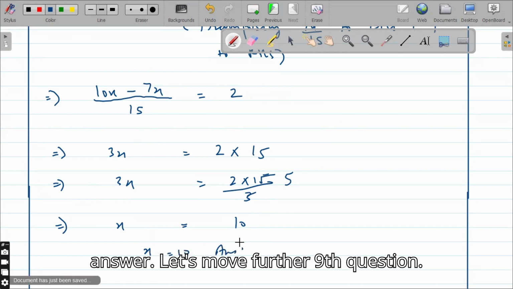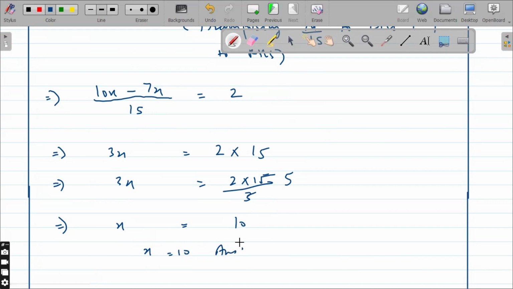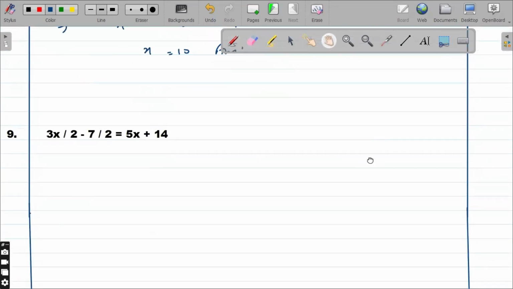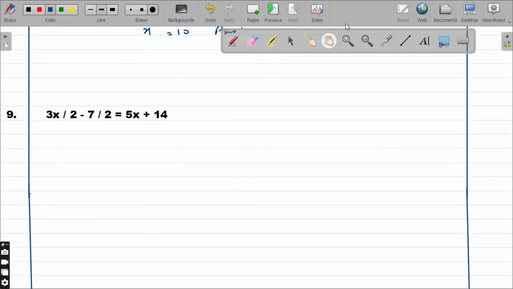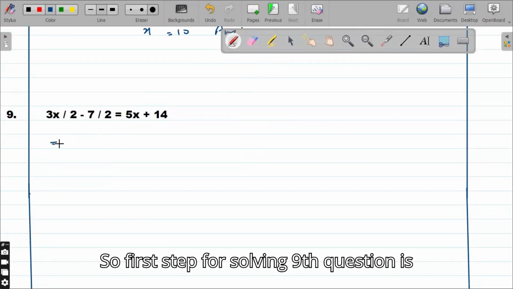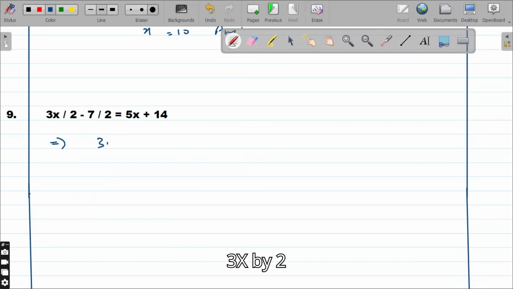Let's move further. 9th question. So the first step for solving the 9th question is 3x by 2 minus 5x would be 14 plus 7 by 2.